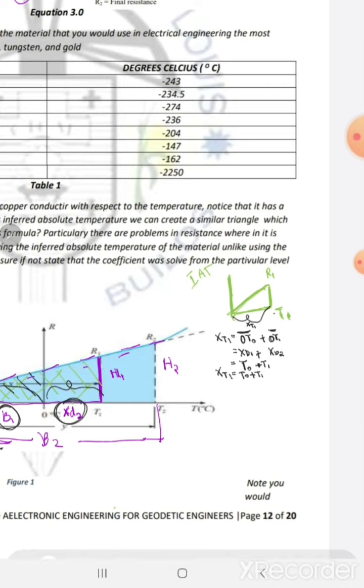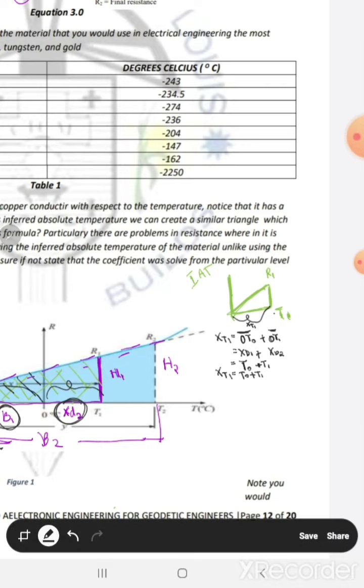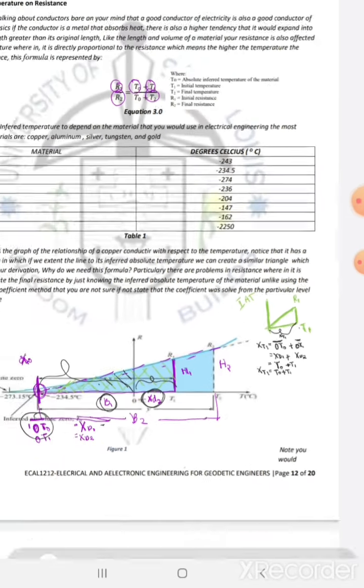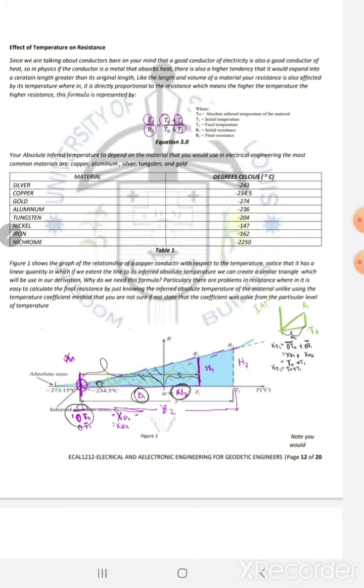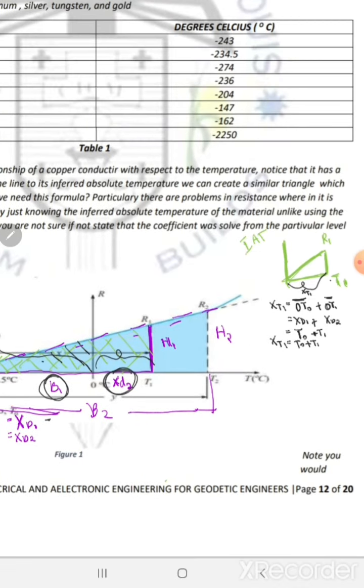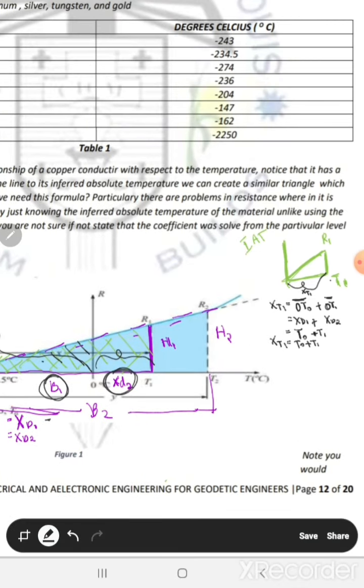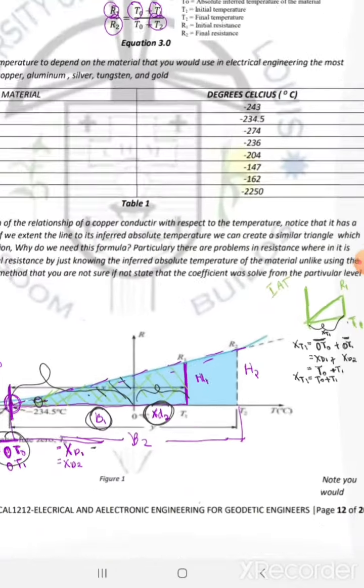Take note that when you are talking about your triangle, we are dealing with what you call similar triangle. So, let's say that this is your theta. Your opposite side is H1. Opposite of your theta is H1.